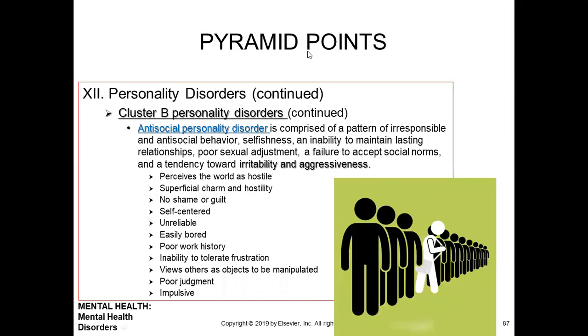What next? Antisocial. In this group, antisocial comprises a pattern of irresponsible and antisocial behavior or selfishness, inability to maintain lasting relationships, poor sexual adjustment, a failure to accept social norms, or a tendency toward irritability or aggressiveness.